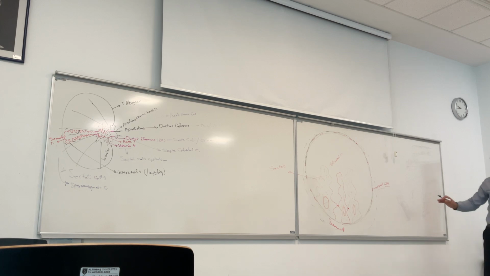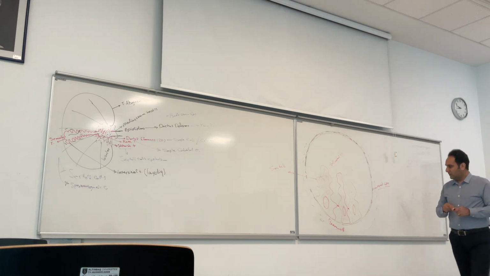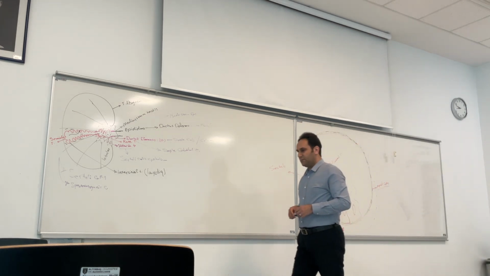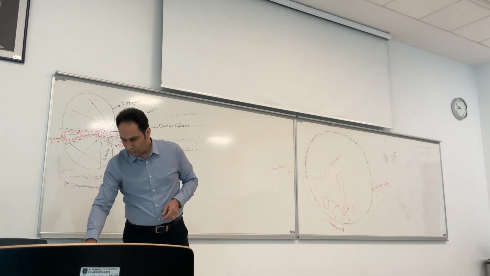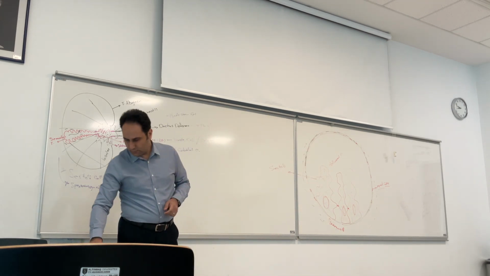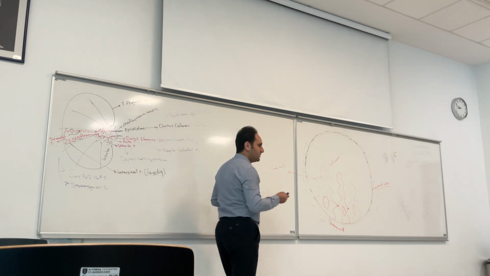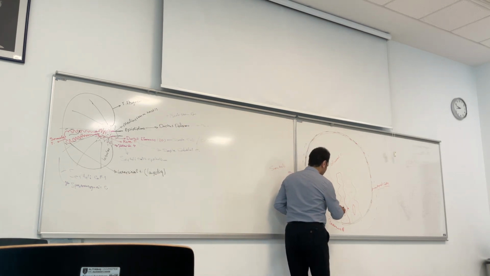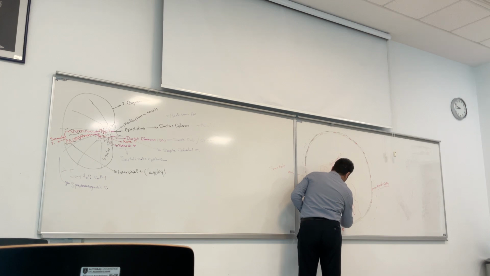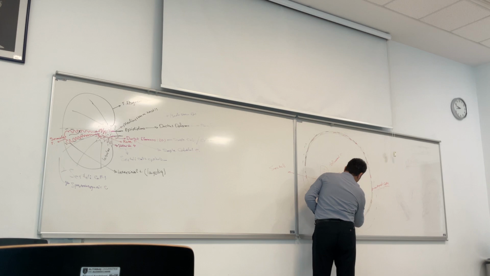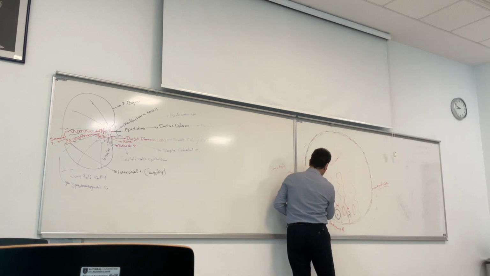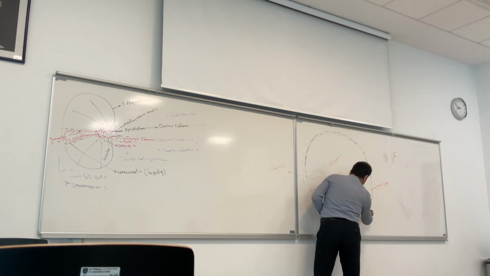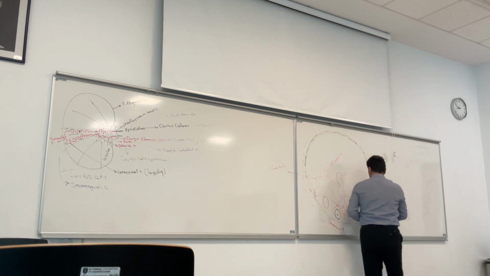In the basement compartment of the seminiferous tubule, we have the spermatogonia cells. Spermatogonia are present here and here and here, near the basement compartment.